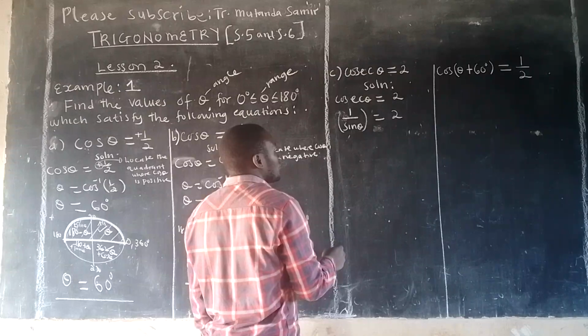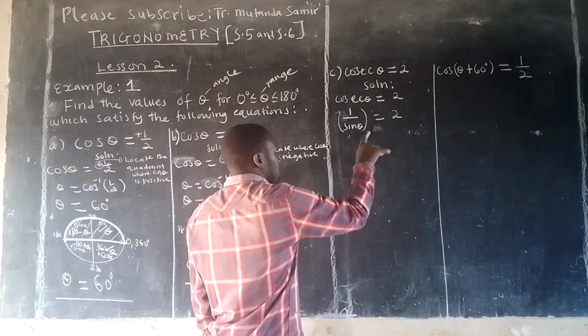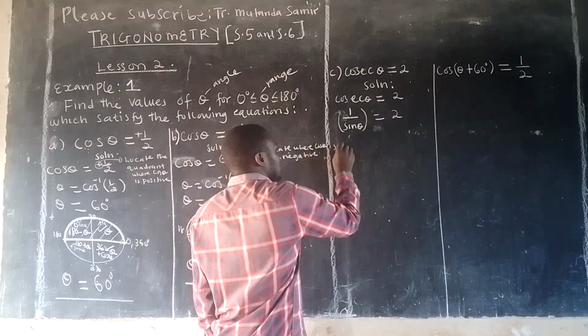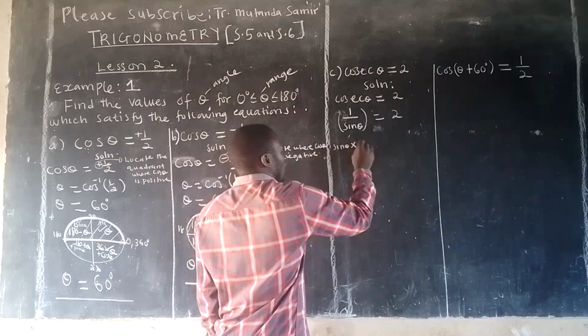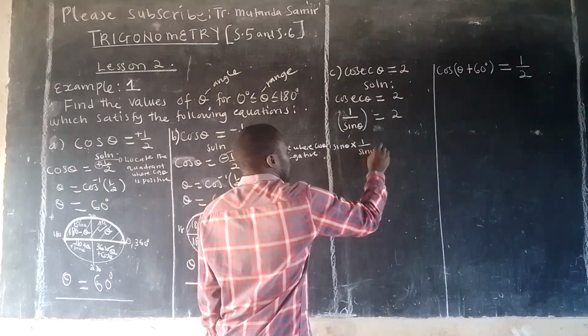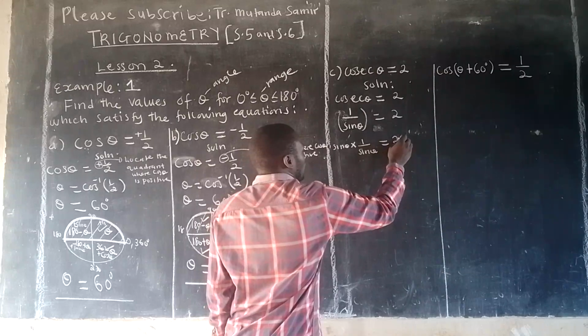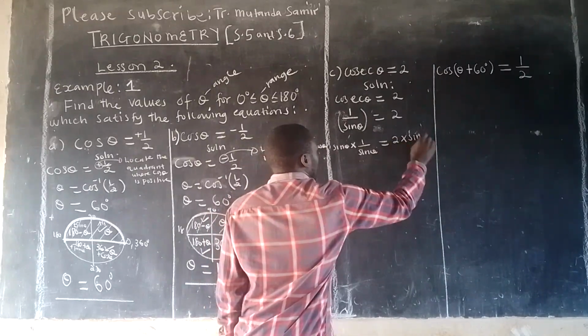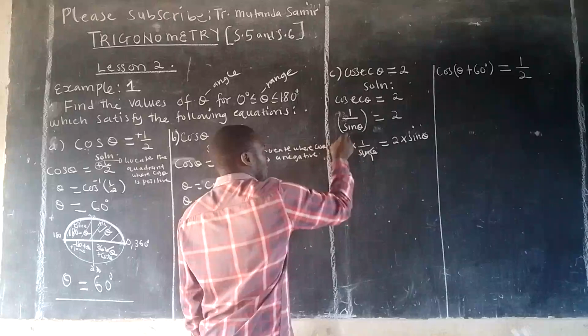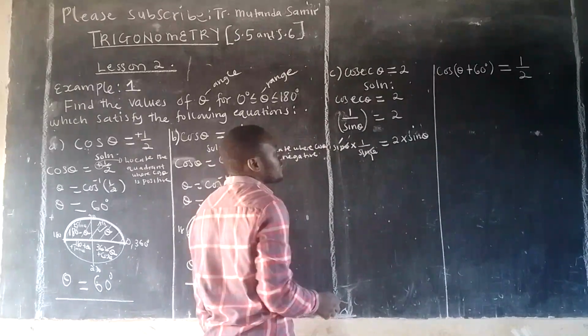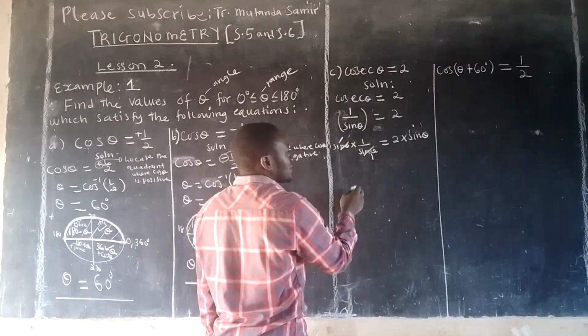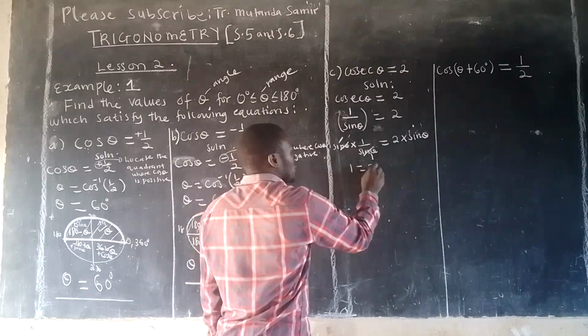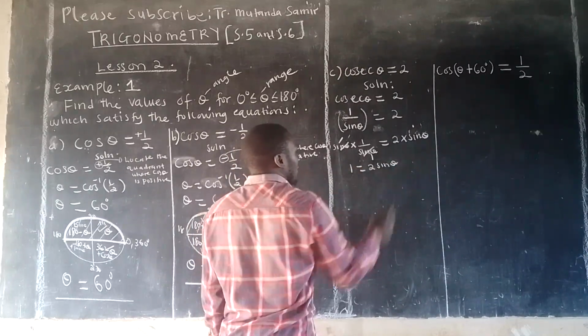Now what we're going to do here is multiply on either side. So sine of theta times 1 over sine theta is equal to, multiplying by sine theta on both sides, sine theta times 2. This will go away, and what we're going to have afterwards is that 1 is equal to 2 sine theta.